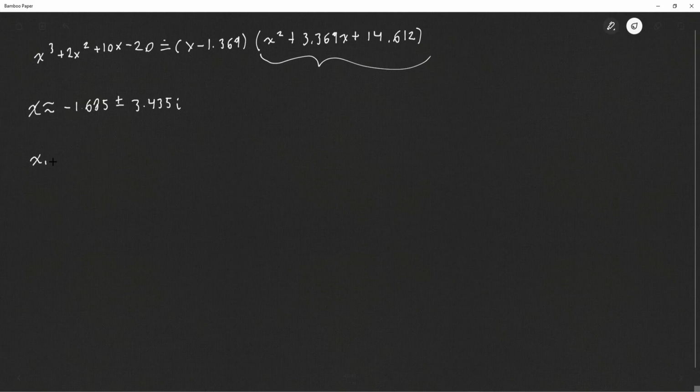Our first root, being our one real root, is 1.369. Our second root, which is a complex root, is negative 1.685 plus 3.435i. And our final root, which is another complex root, is negative 1.685 minus 3.435i.